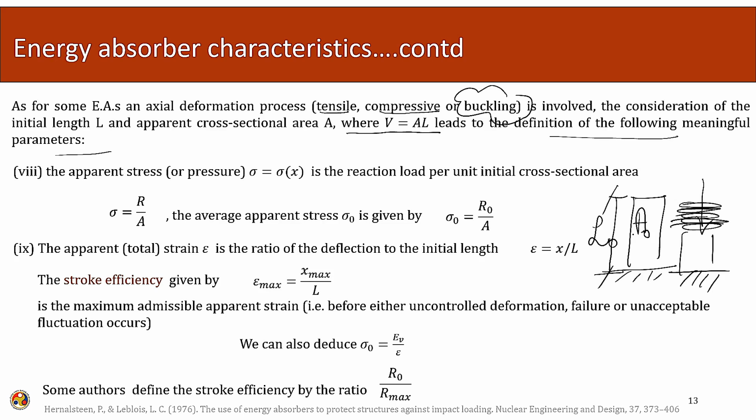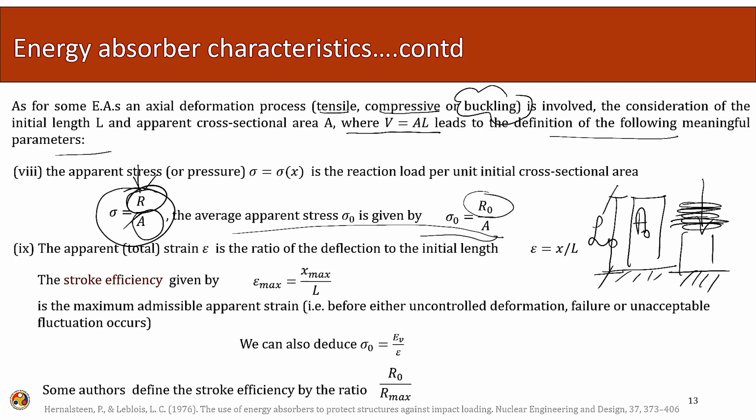The apparent stress or pressure is the reaction load per unit cross sectional area. So sigma, the apparent stress, is reaction load per unit initial area. The average apparent stress is given by R naught divided by the initial area.